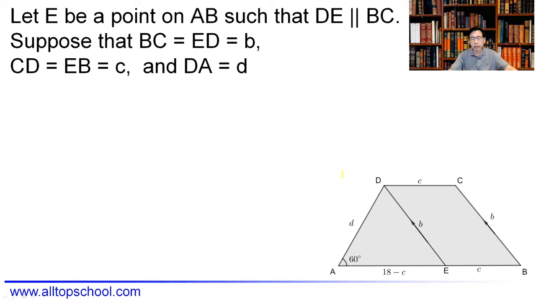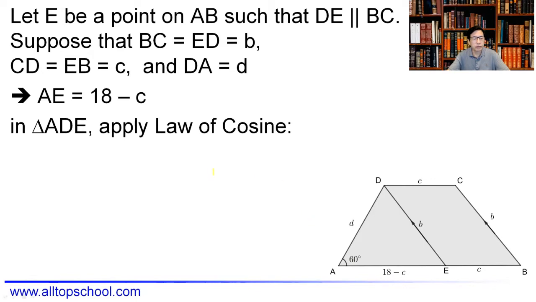Certainly in this triangle ADE, we have three sides labeled D, B, and 18 minus C, and this angle of 60 degrees. So the first thought is using the law of cosines in this triangle ADE.